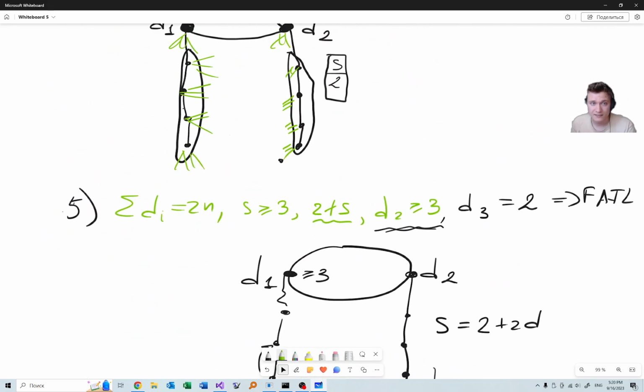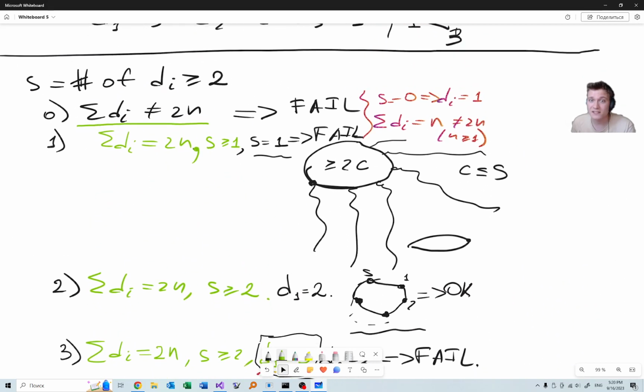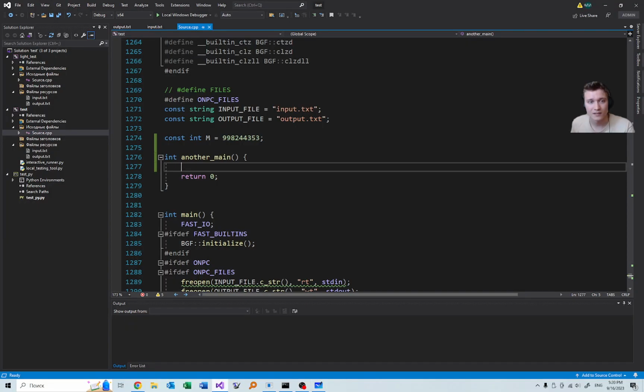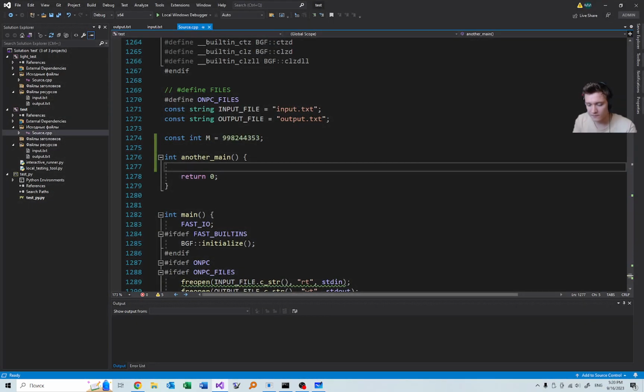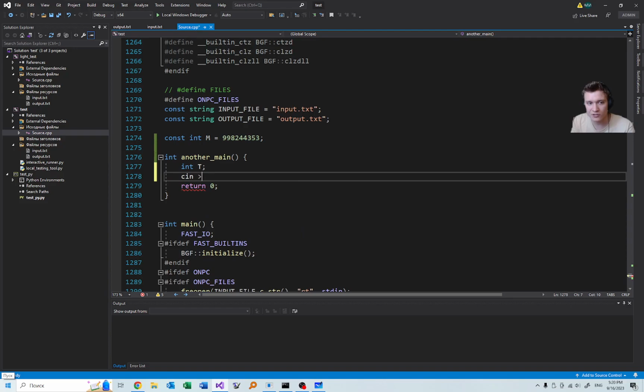Okay. This is kinda huge. But it's div2 F, so you've signed up for this. Firstly, we need to read the input. So I will create a usual multi-test framework.